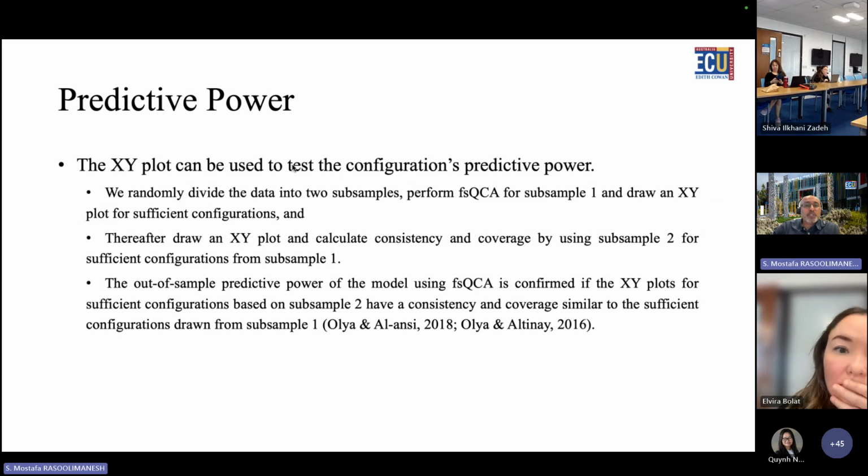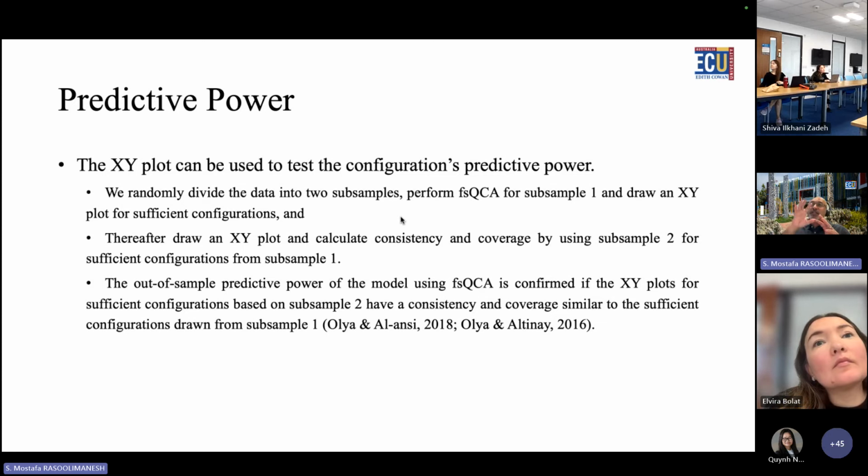So to calculate predictive power in fsQCA, we need to split our data. We can randomly split our data into two subsets, or two subsamples, and run fsQCA on one subsample, for example subsample 1.